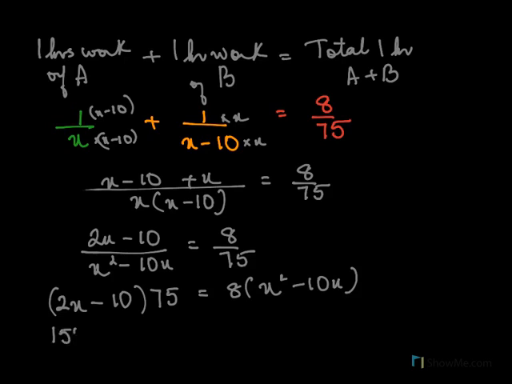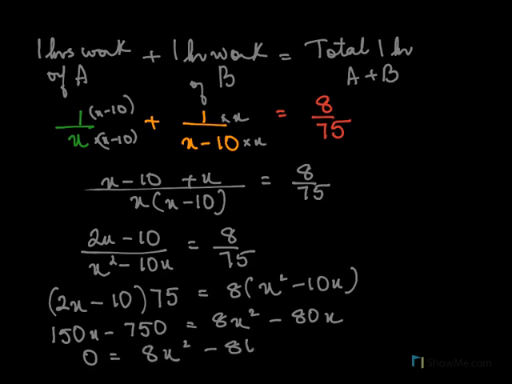Now you multiply, you get 150x minus 750 equal to 8x square minus 80x. So 0 equal to 8x square minus 80x minus 150x plus 750.